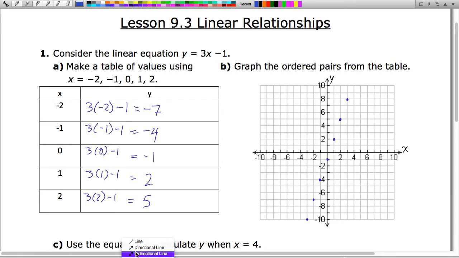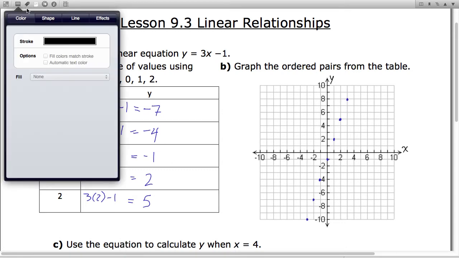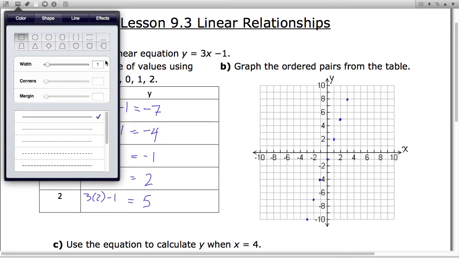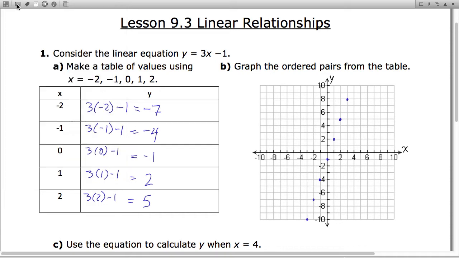So let me switch to my tool for drawing straight lines here, and I'm going to do this with arrows on the ends just to show that this relationship can continue on in both directions. So going from here to there, making sure I'm going through all those points. And I can pull it out here so that you can see it going through all those points and beyond.